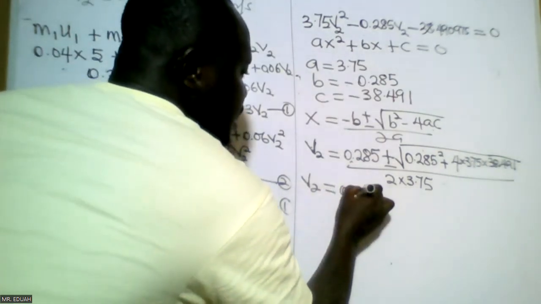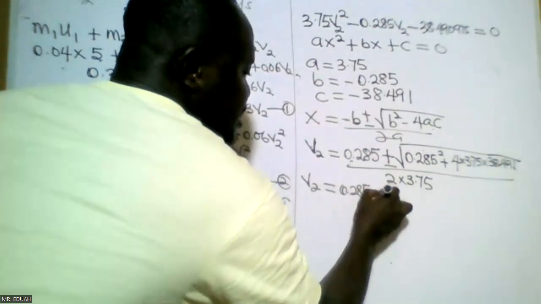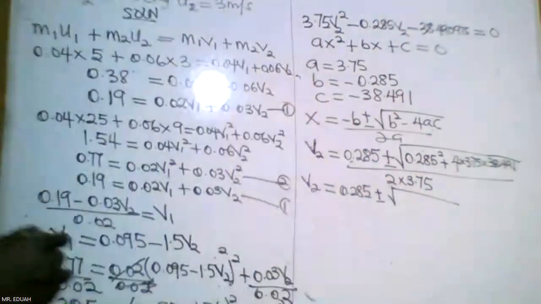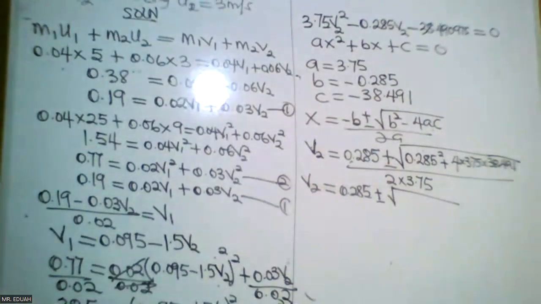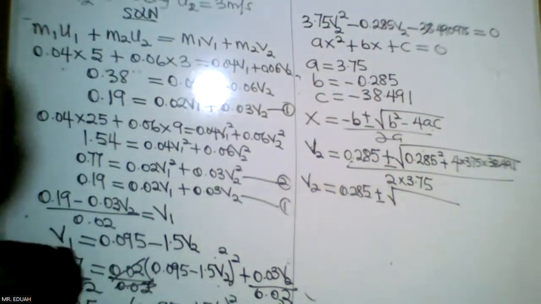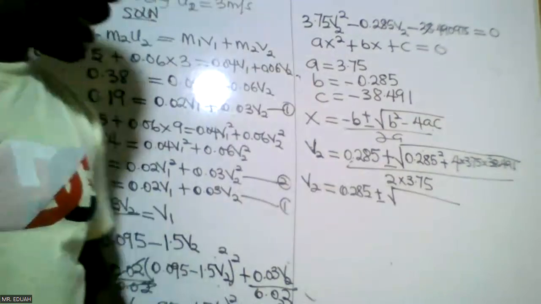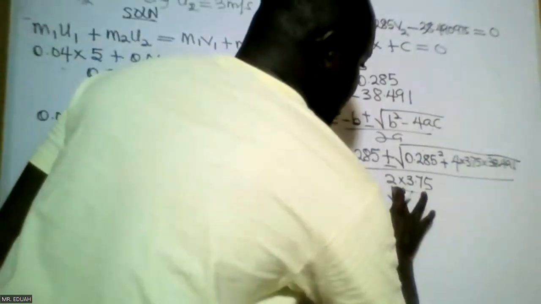So do it. Put together what is in the bracket for me. Can you use your calculator to just give me what is within the brackets, under the square root sign?